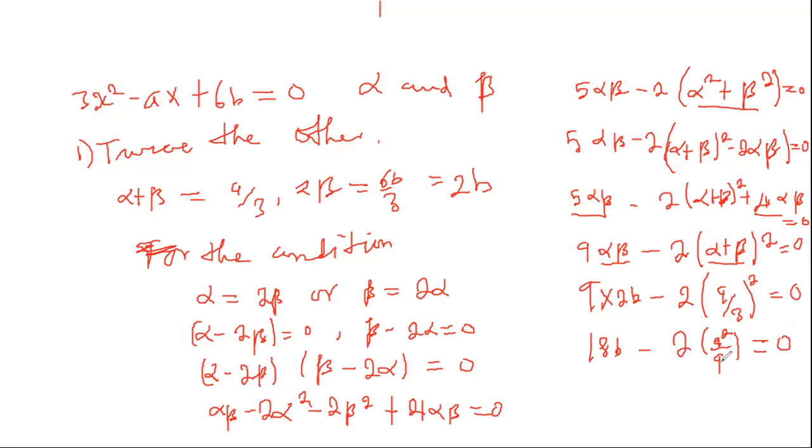So we can multiply by the 9 to clear the fraction. What is 18 times 9? We get 162b, minus 2 a squared is equal to 0. So we can divide by 2.